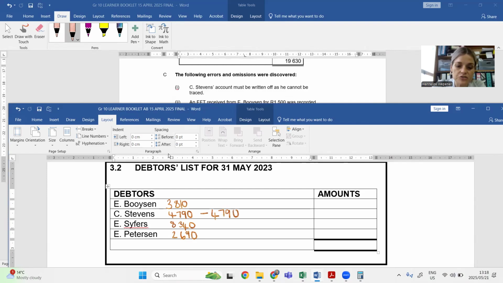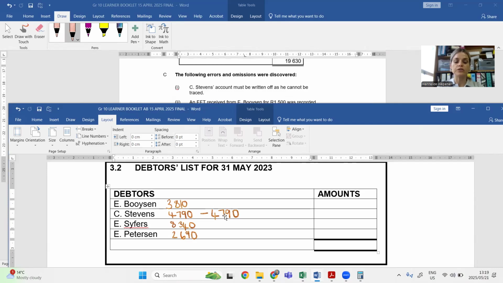But in order for this transaction to reflect in my debtors list, I first had to record it in my general journal. And remember, if you are recording something in one of your journals, that gets posted to the debtors individual ledger account as well as your general ledger.